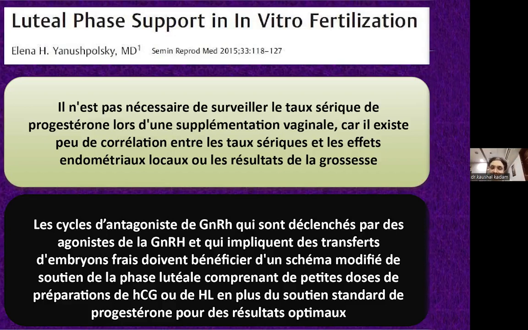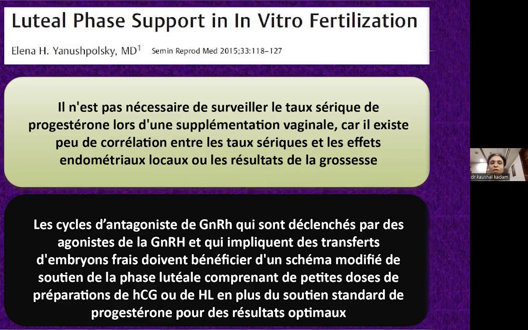GnRH antagonist cycles that are triggered with the agonist and those that involve fresh embryo transfers should have a modified luteal phase support regimen that includes small doses of HCG or LH preparation in addition to standard progesterone support for optimal outcomes.